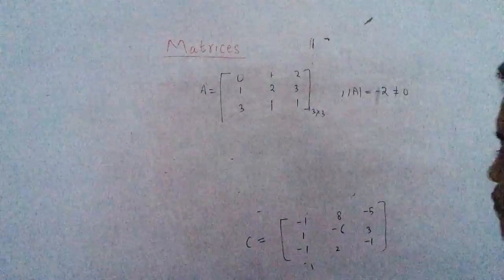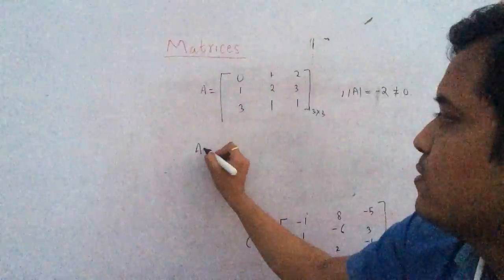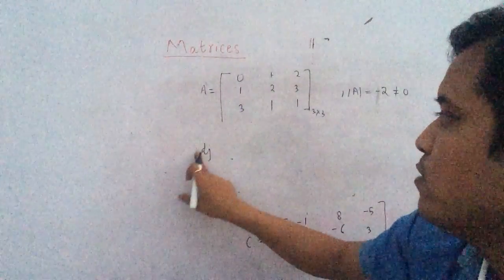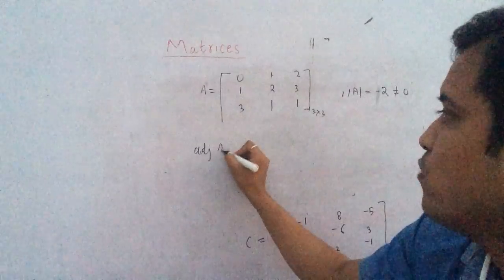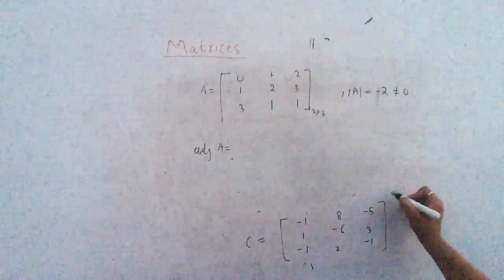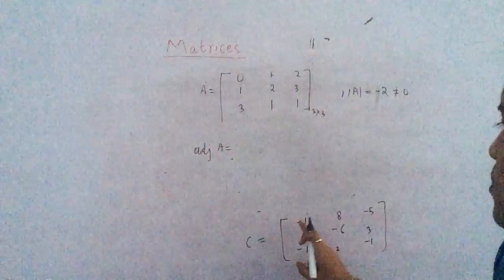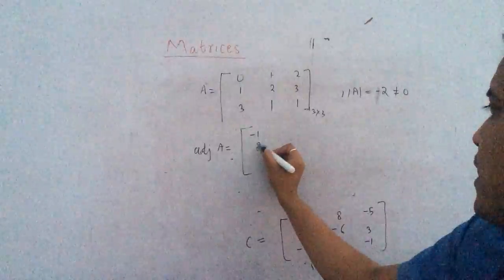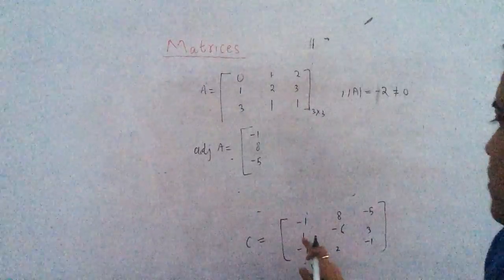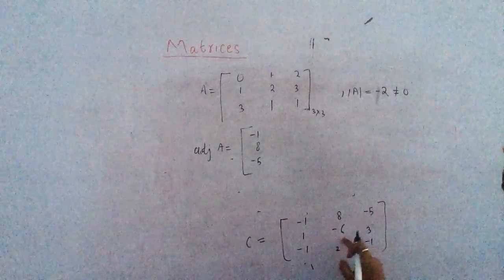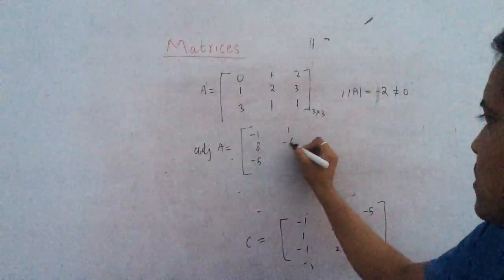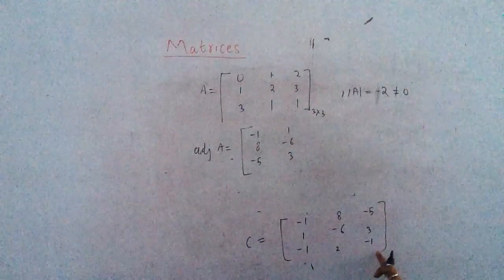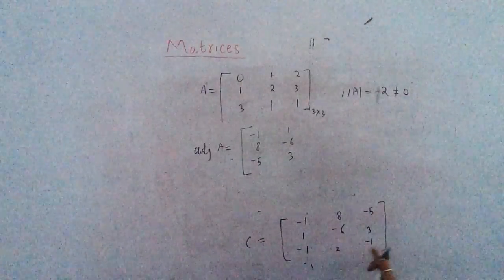You have found the cofactors here. So how would you find the adjoint of A? The adjoint would be the transpose of the cofactor matrix. Take the transpose: row 1 will become column 1, minus 1, 8, minus 5. Row 2 will become column 2, 1, minus 6, 3. Row 3 will become column 3, minus 1, 2, minus 1.